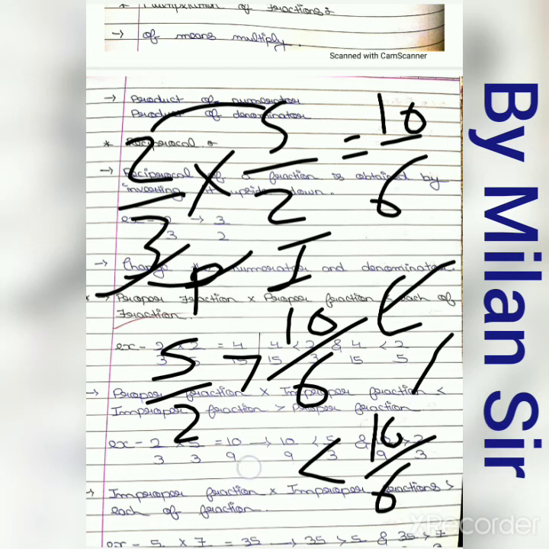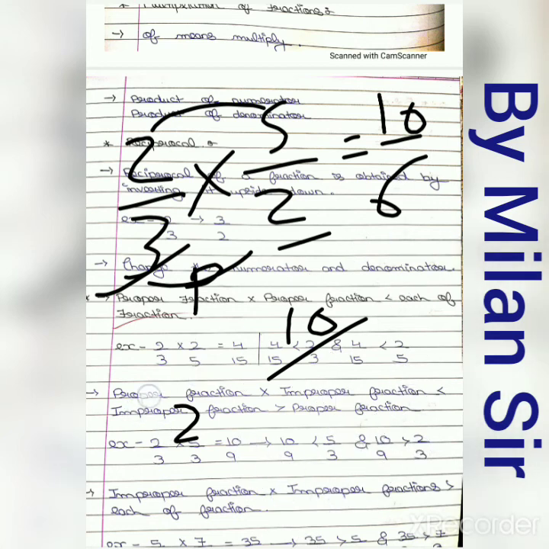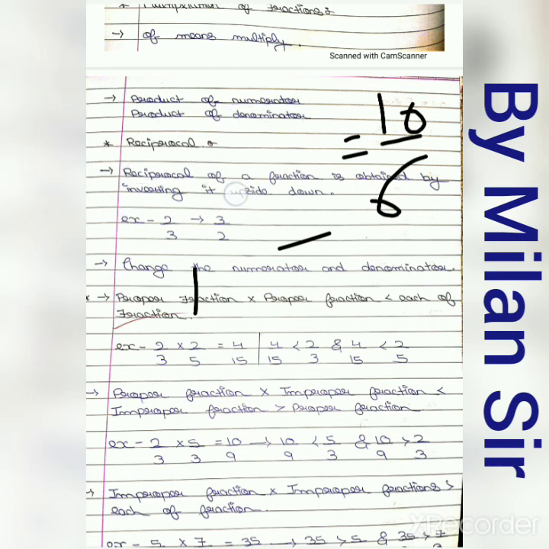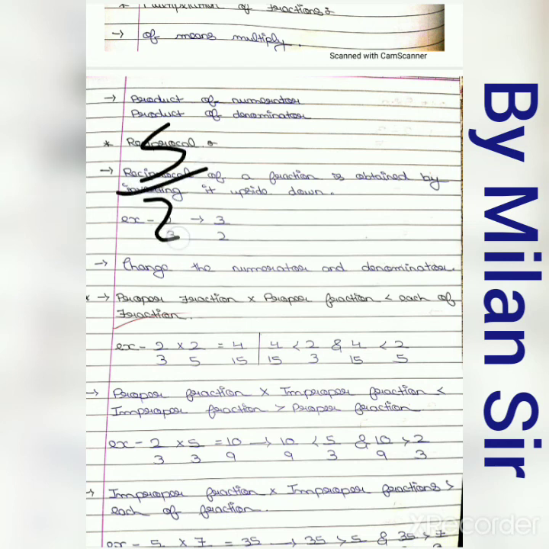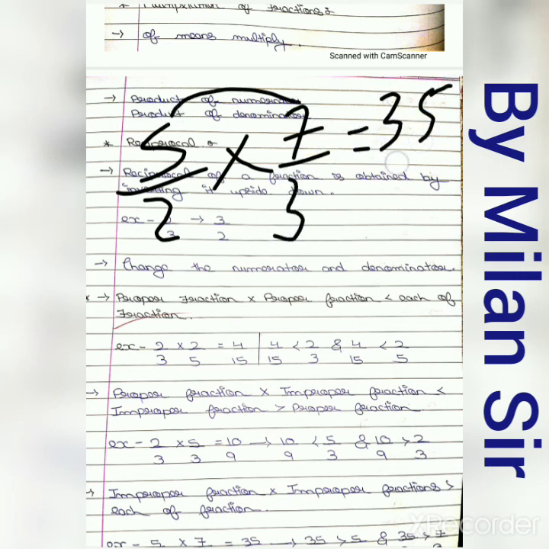Then the third condition: improper versus improper. Let's take two improper fractions, 5 by 2 and 7 by 3. So 7 fives are 35, 3 twos are 6.